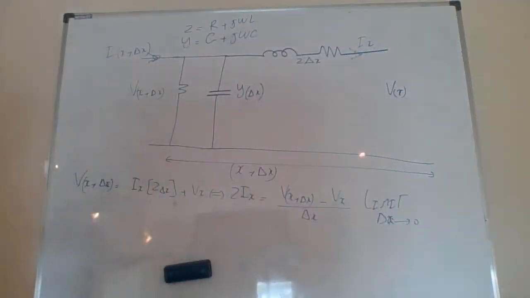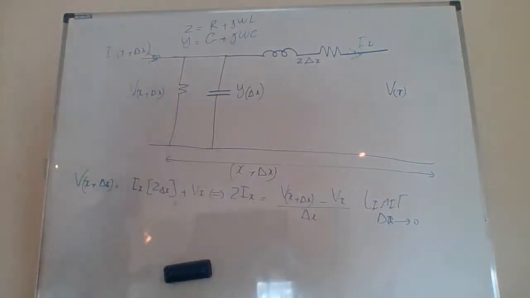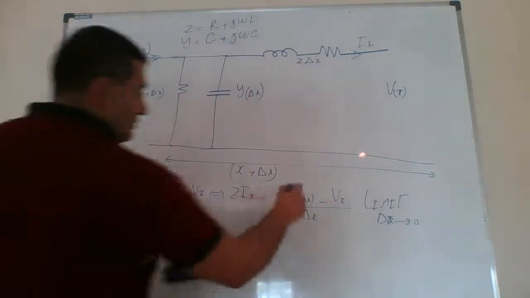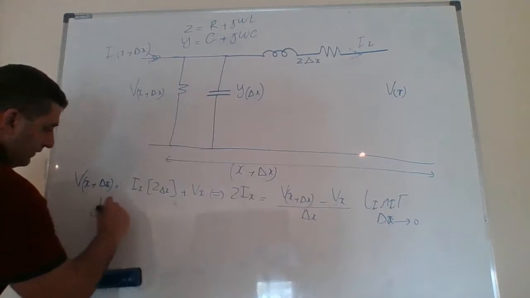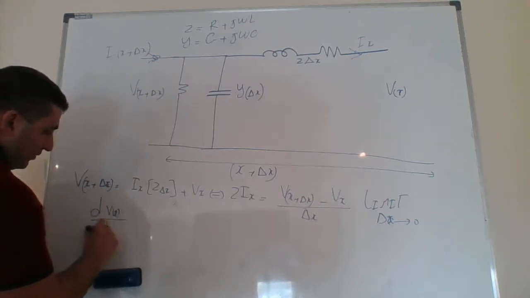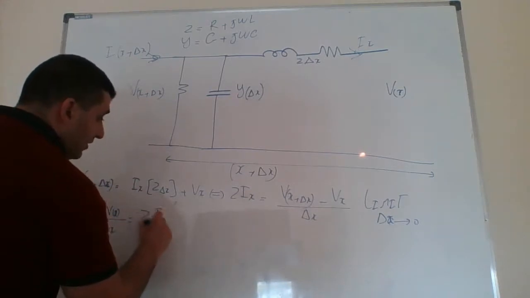What will happen to this system if you recall this characteristic from math? What do I have now? dVx over dx is equal to Z Ix.